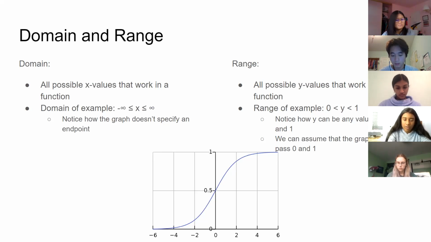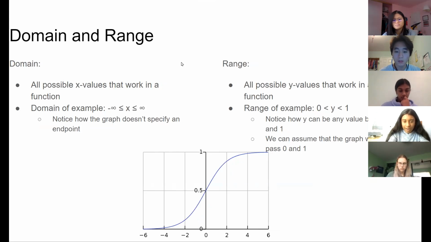And the range of this function is all the possible y values that work in a function. In this example, the range is 0 is less than y is less than 1. We can tell that there is an asymptote at y equals 1 and y equals 0, because the function will not cross these asymptote lines.